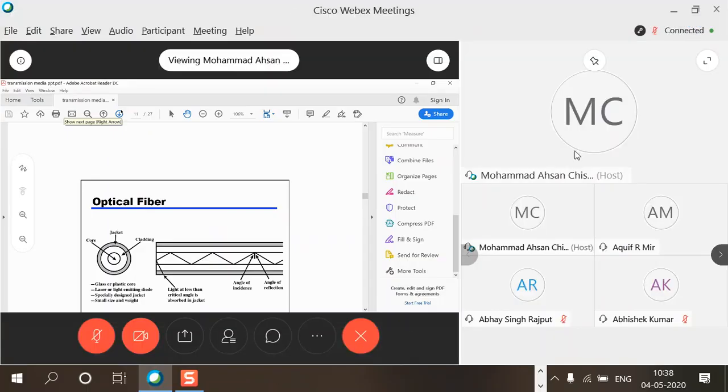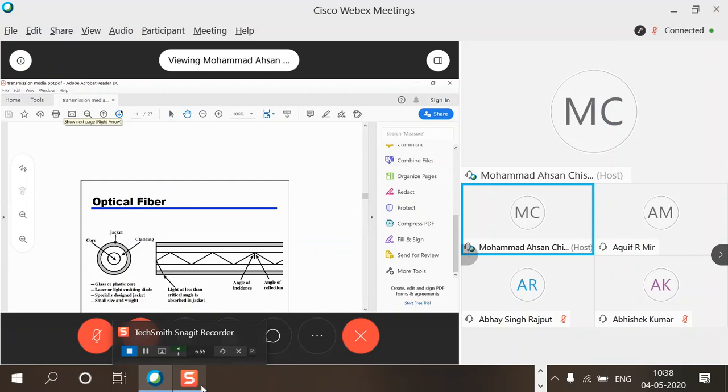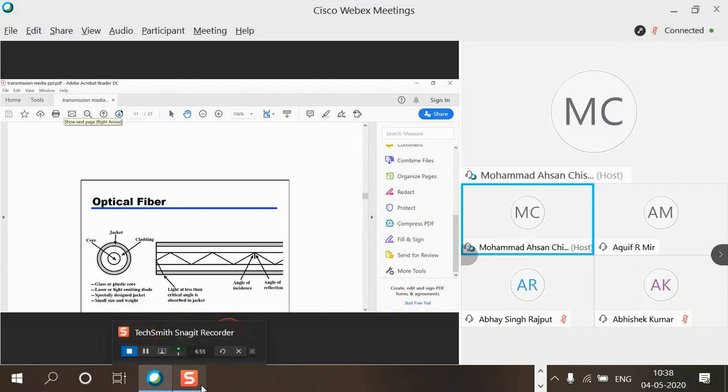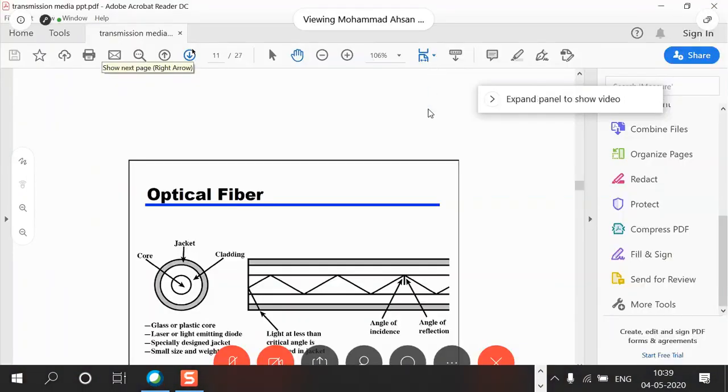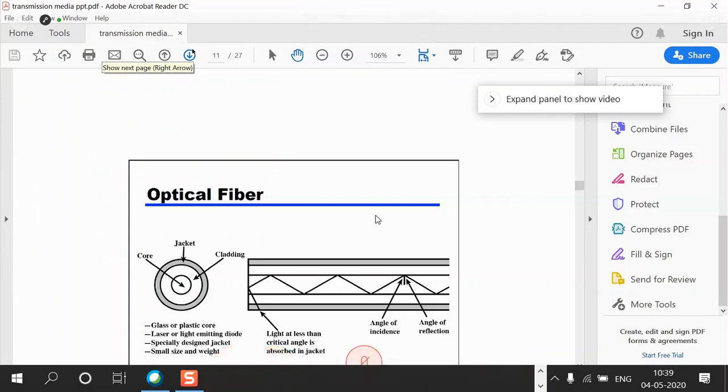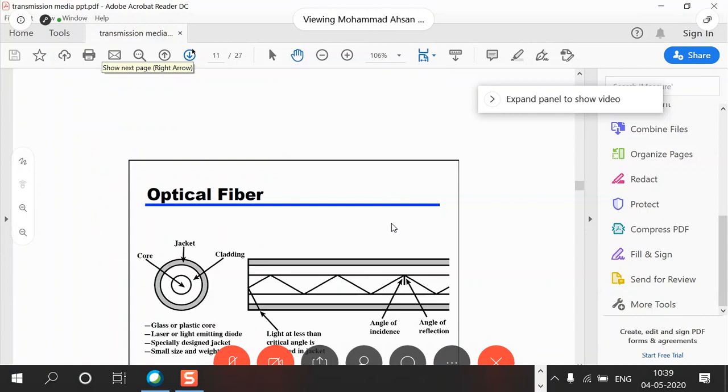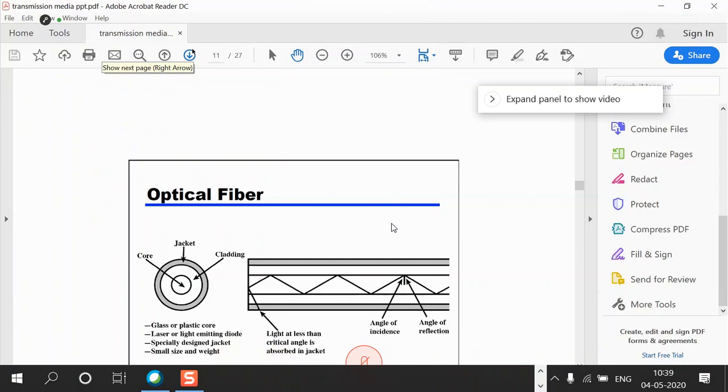Now, current fiber optic can give you a speed of 50 Tbps, 50,000 Gbps. But then why are we talking about only a few Gbps, if we can communicate at the rate of 50 Tbps? Can anybody answer this?